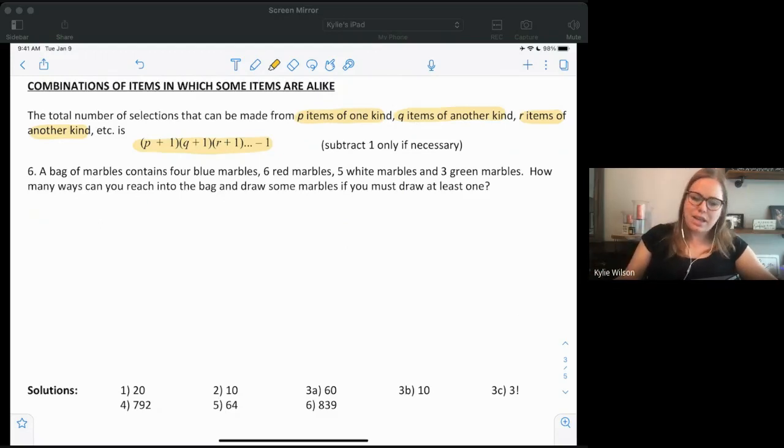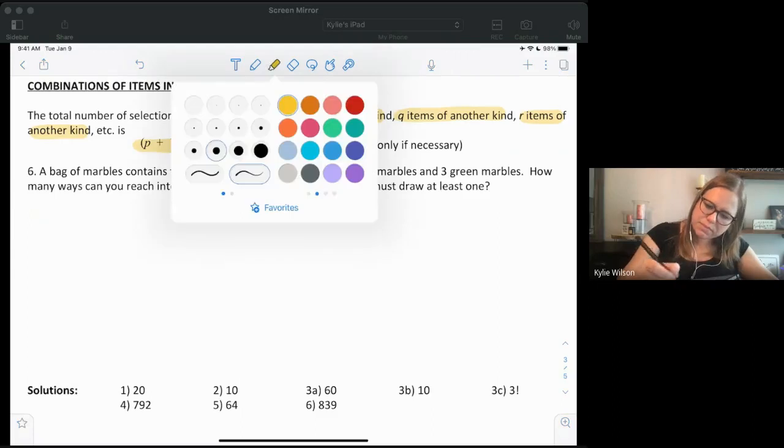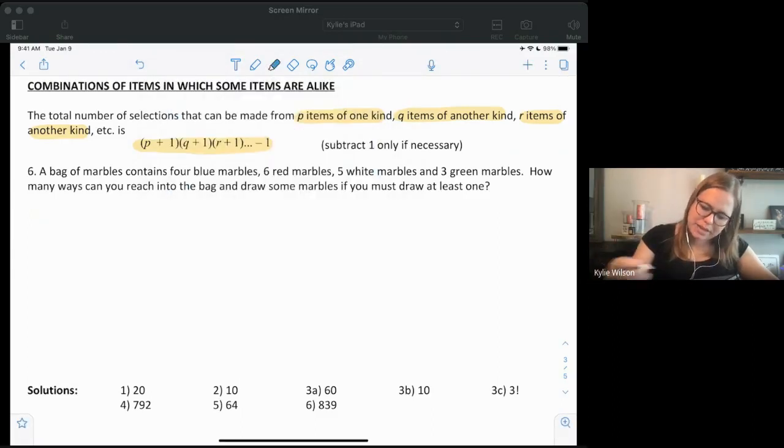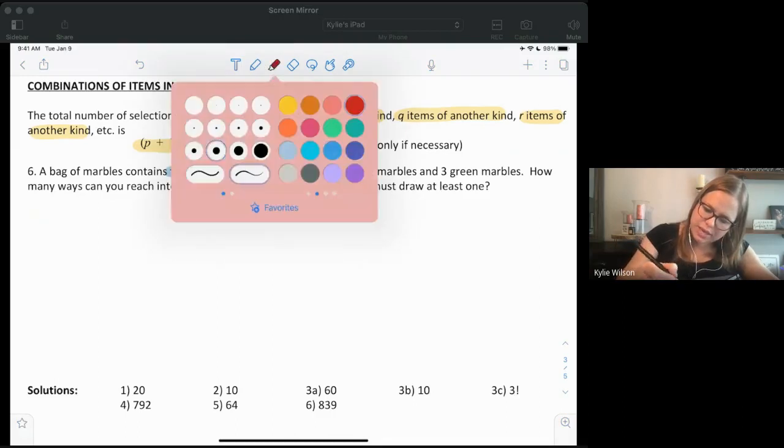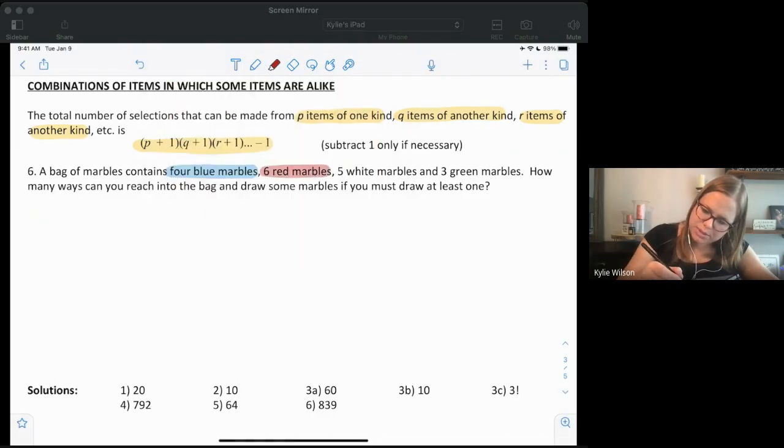Okay, so this one here says that a bag of marbles contains 4 blue marbles, 6 red marbles, 5 white marbles, and 3 green marbles. How many ways can you reach into the bag and draw some marbles if you must draw at least 1?